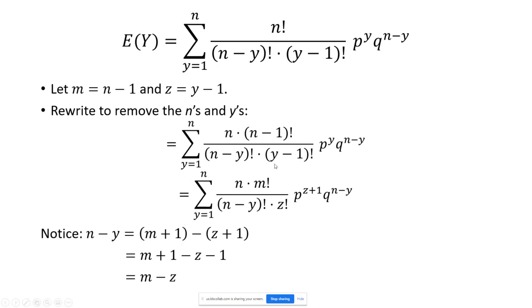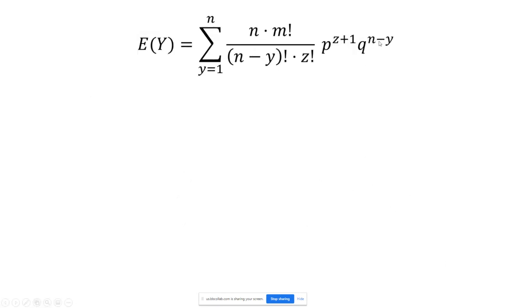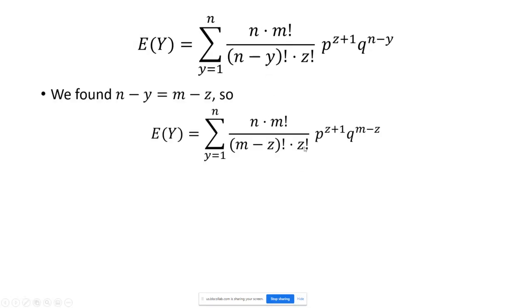So that's just the same as m minus z. So let's replace the n minus y's by m minus z. That looks like this.